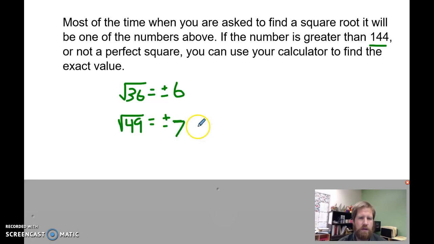Some of the ones that are a little less common for people to know, and really the only one that I want you to make sure you learn, is the square root of 121, which is going to be 11 times 11, so positive or negative 11.